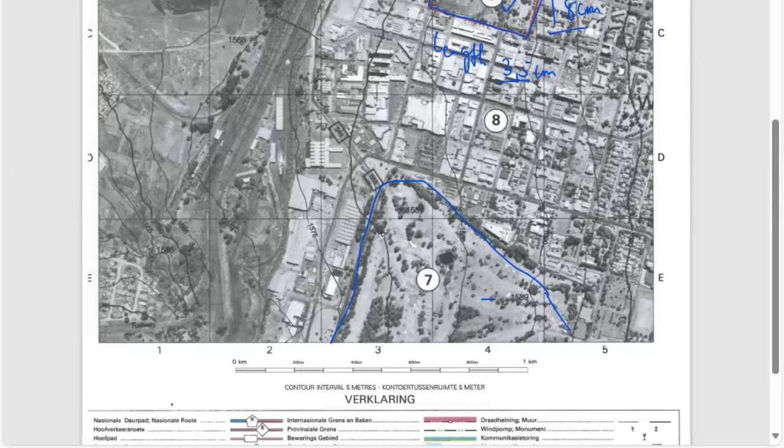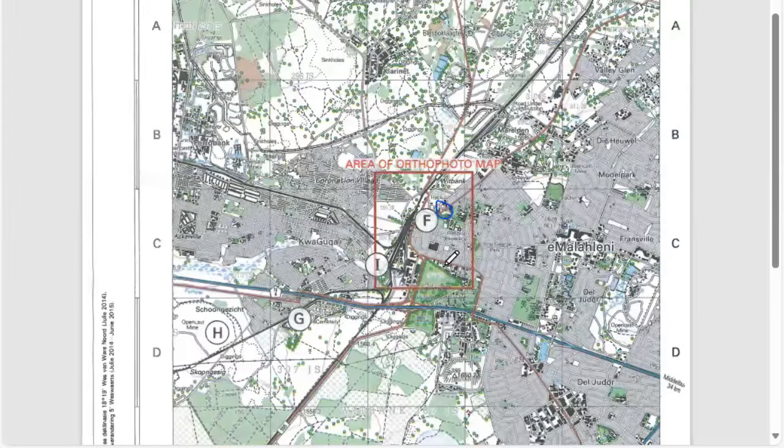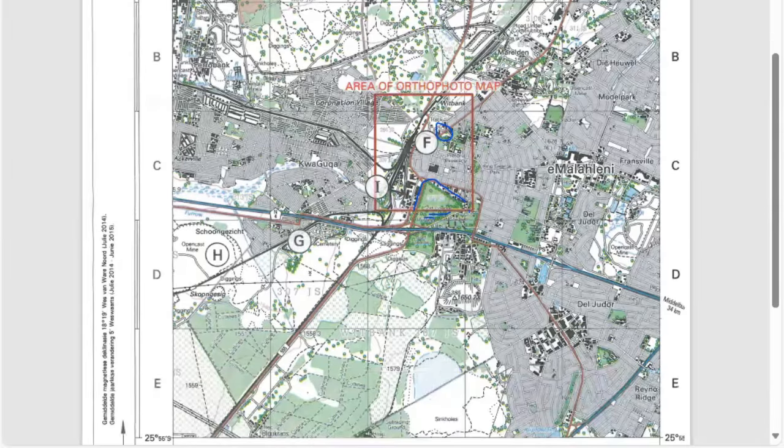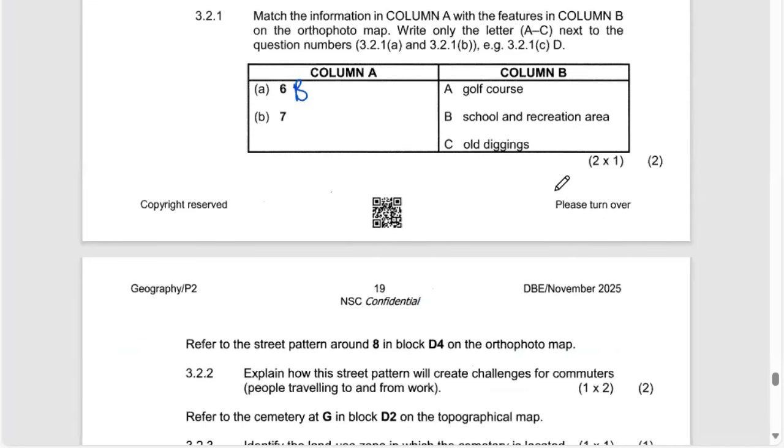If we also relate to the topographic map, we can see that this area is around here, and it's even written "golf course" here. This is the same area that is mapped on the orthophoto in this particular section. So we can safely conclude that area 7 is a golf course.